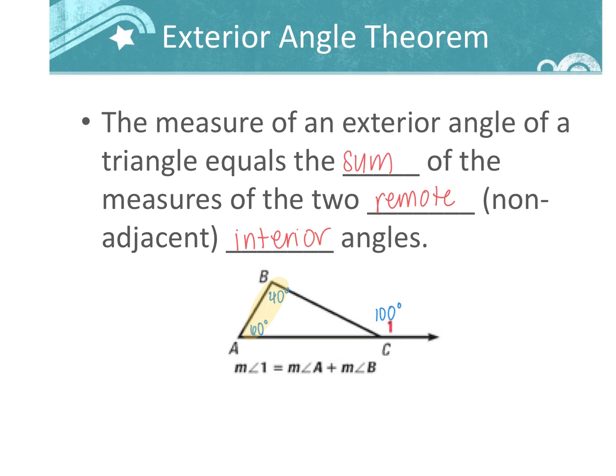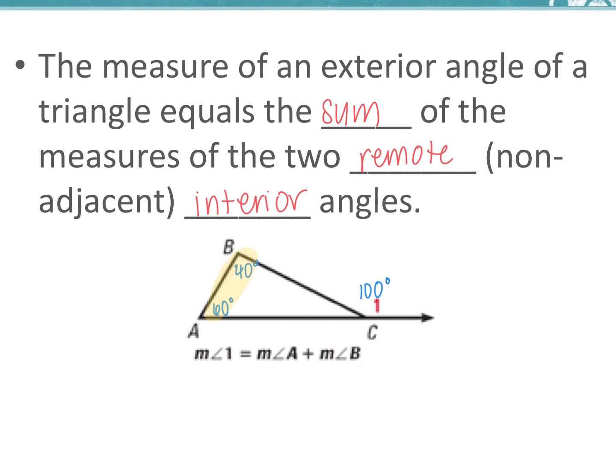Does everybody see that? Where I have 40 plus 60, it's going to equal the measurement on the outside if I add these two. That's what this means. So again, this is the exterior angle theorem. Your two interior angles are going to equal your outside angle. So anytime they give you something like this, you have to remember that because you will see a question like this. Any questions on this one?